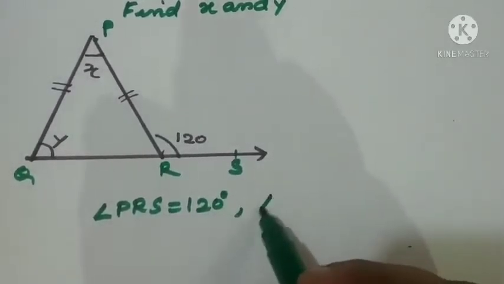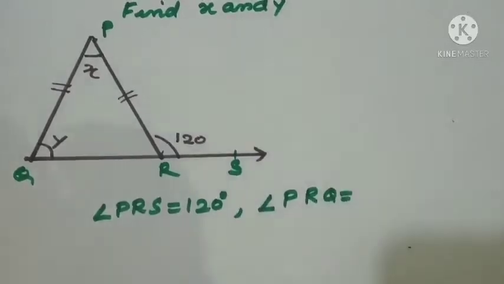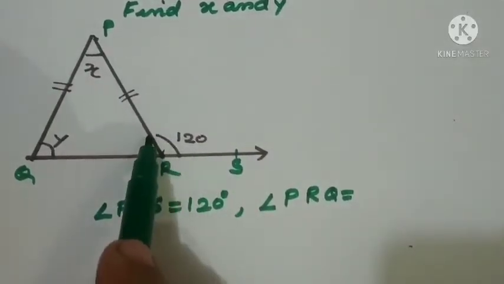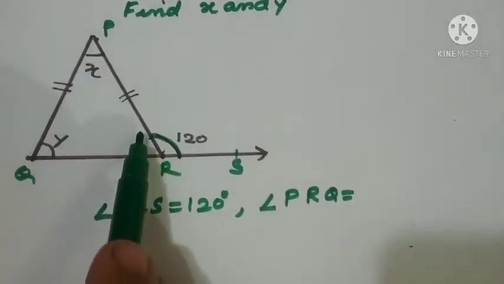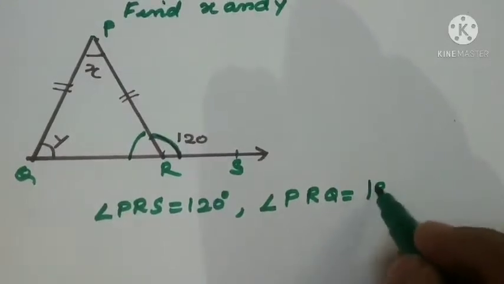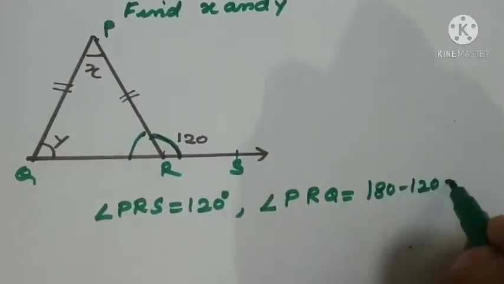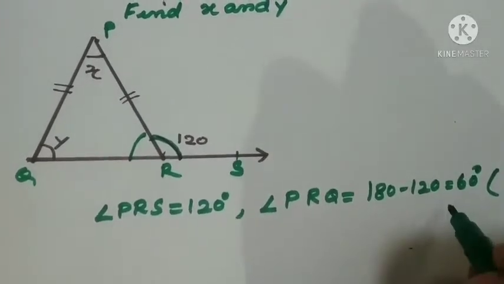So what can you say about angle PRQ? Angle PRQ is 180 minus 120, which is equal to 60 degrees. What is the reason? Linear pair.